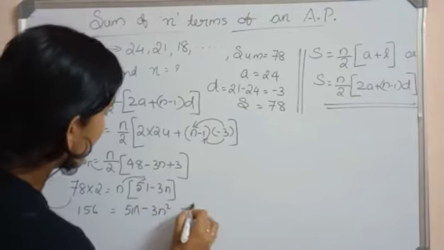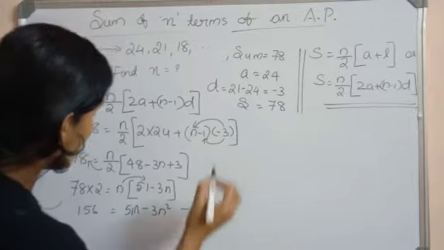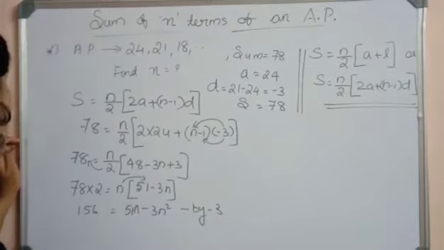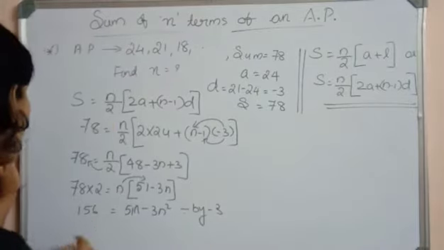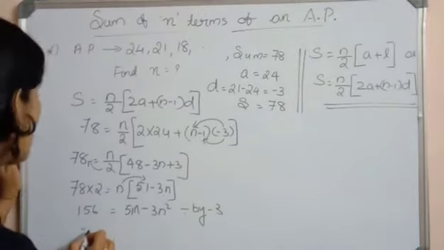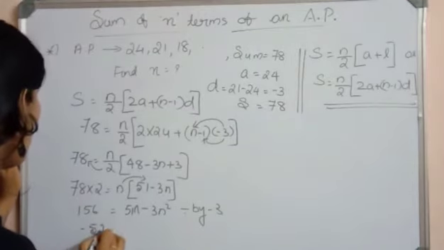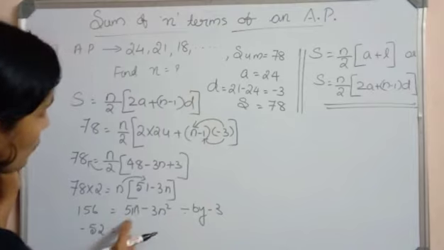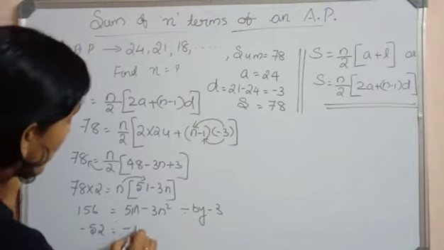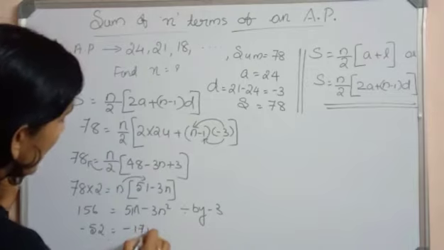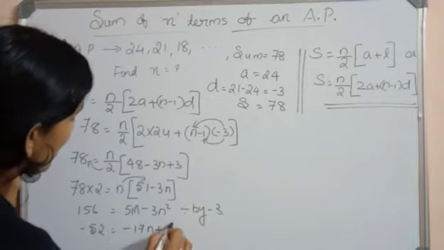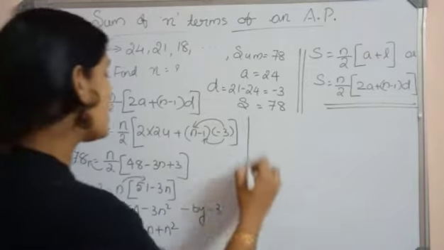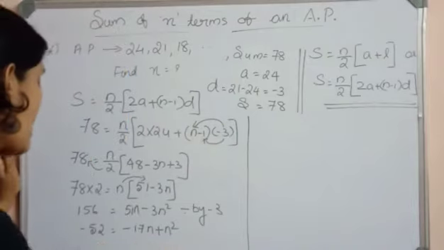Let's divide it by minus 3. You will get minus 52 is equal to minus 51 by 3 is 17n plus n square. Now let's rearrange and make it in the standard form.